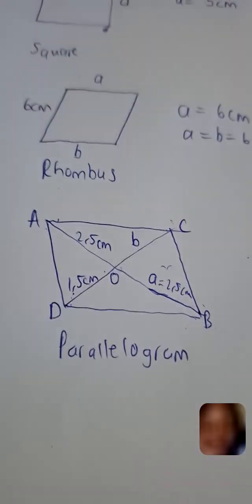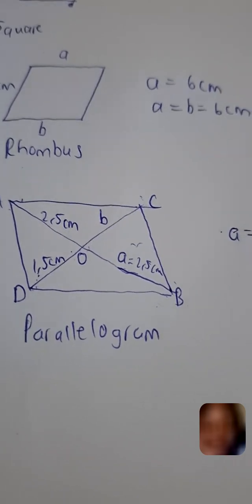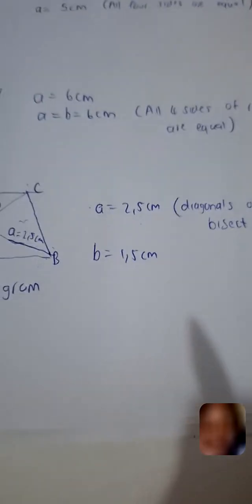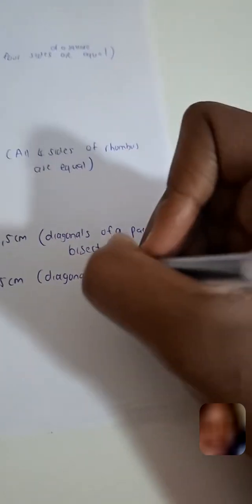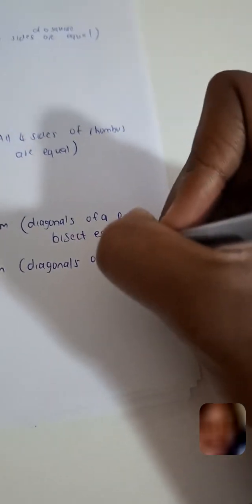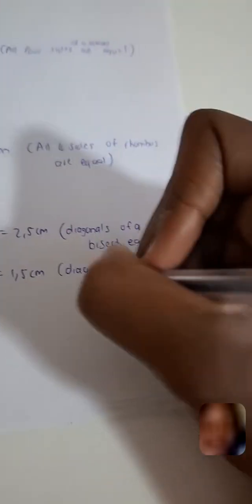Now we want B here. What is B? 1.5 centimeters. Exactly, B is 1.5 centimeters, and what is the reason? Diagonals of a parallelogram bisect each other. There we go. So don't ever forget that word, diagonal.